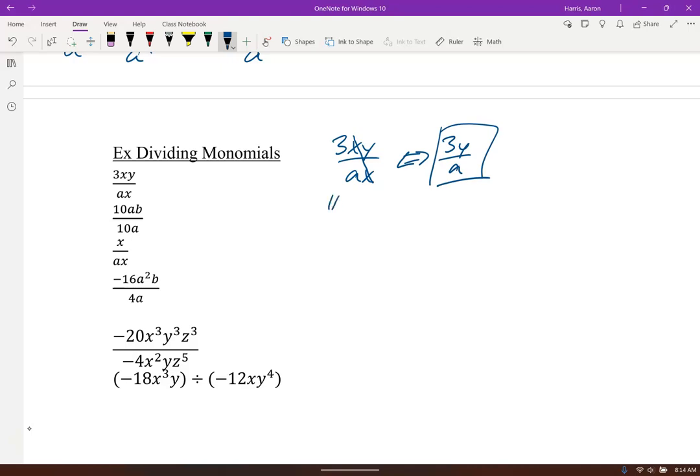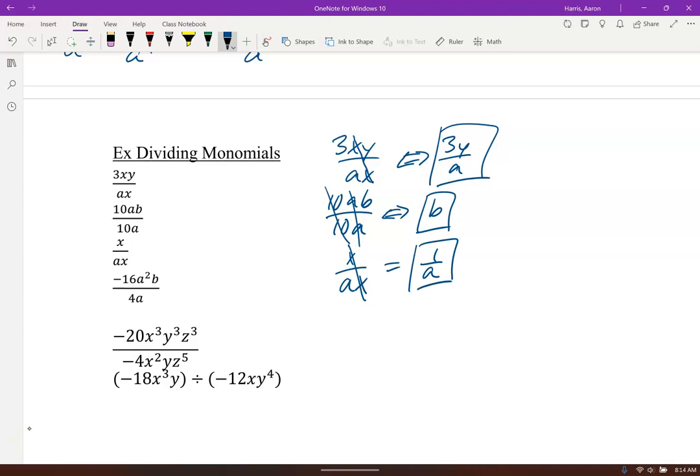Let's look at that second one, 10ab over 10a. Well, 10 over 10 is 1. a over a is 1. So this just simplifies to b over 1. The third one, x over a to the x. The x's will cancel, and you're just left with 1 over a.